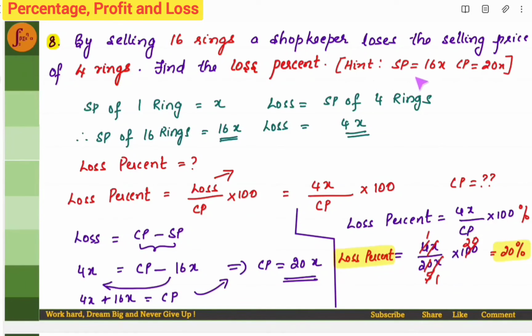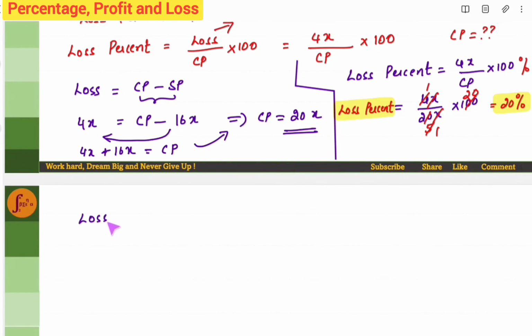They've also given a clue here to consider selling price as 16X and cost price as 20X. You can use this clue directly and substitute, or you can use this method. If you are using the clue, you can write loss percent is equal to loss by cost price into 100.